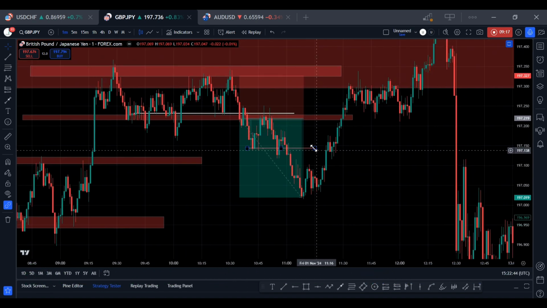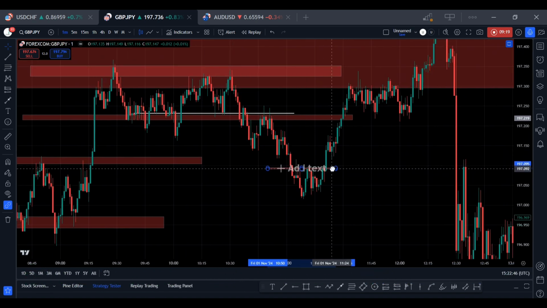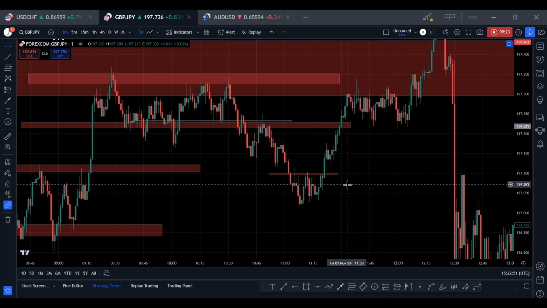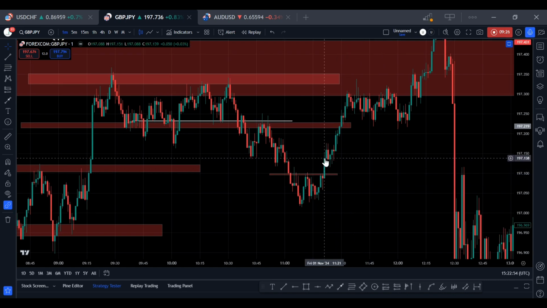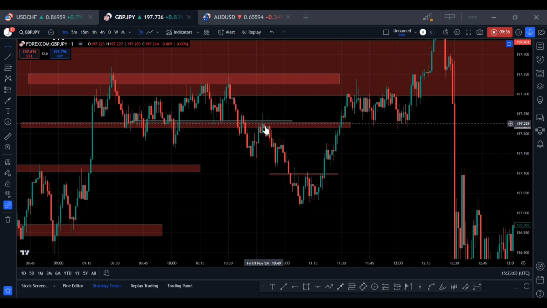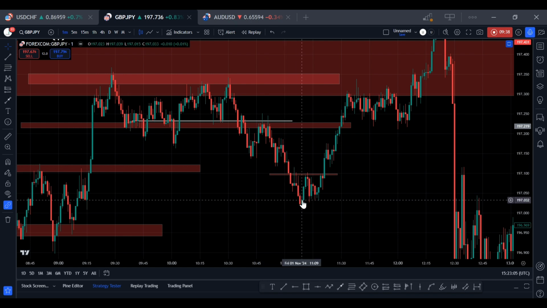Now, this is how I would have also managed the trade. Once I saw that this level here was not strong, a break above this level, I would have closed the trade at this point, because this here is a level. This market made lower low, lower high, lower low, lower high, lower low, lower high, then made a higher low.